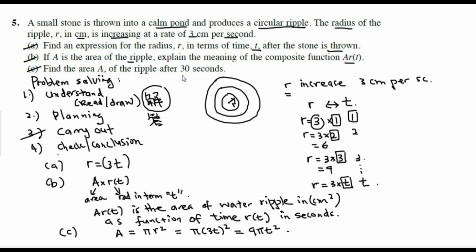Now given the time is 30 seconds, we substitute t as 30. So A is equal to 9 pi times 30 squared. 30 squared is 900. 900 times 9 is 8,100 pi in cm squared.